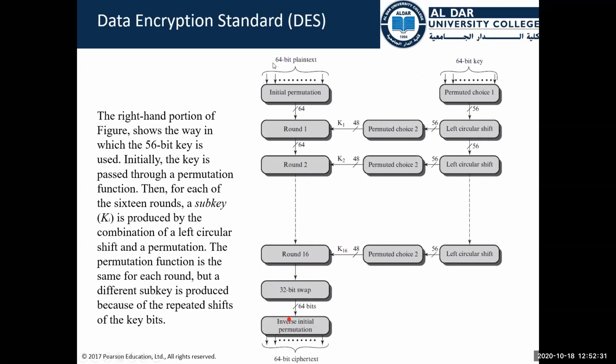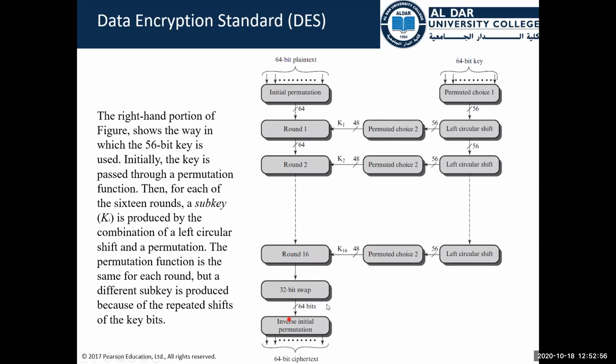We have the 64-bit plain text, and the initial permutation, which is just a permutation of the text to change its order. Then we apply the same rounds as in the Feistel cipher: round 1, round 2, until round 16.